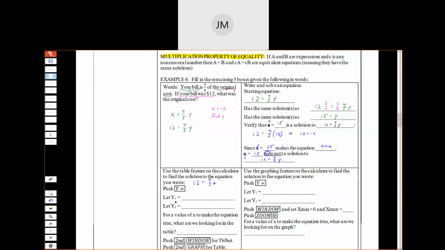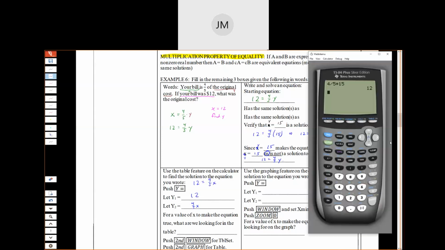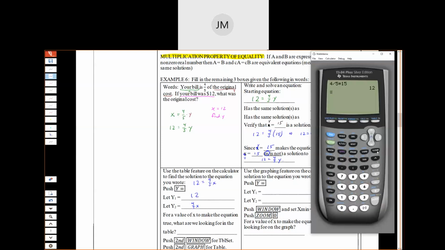Let's let y1 and y2 equal the two different expressions that are supposed to be the same. So let's let y1 equal 12 and let y2 equal 4/5 x. And this is doubly handy to have changed my variable because when I hit the y equals on my calculator, the variable that I can type in is always just going to be an x.